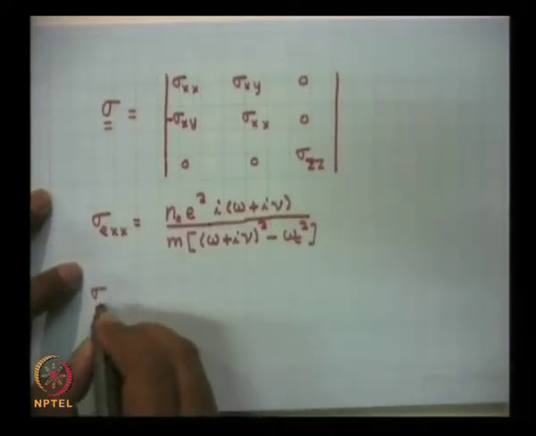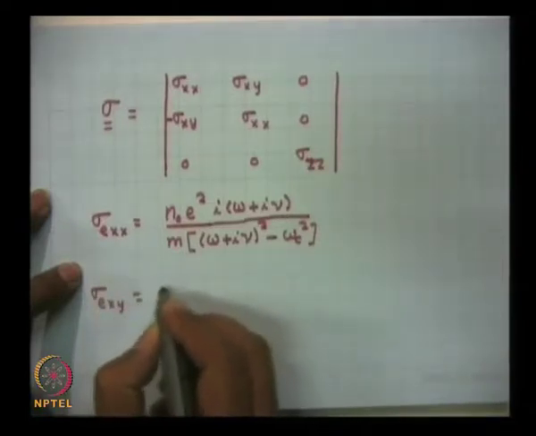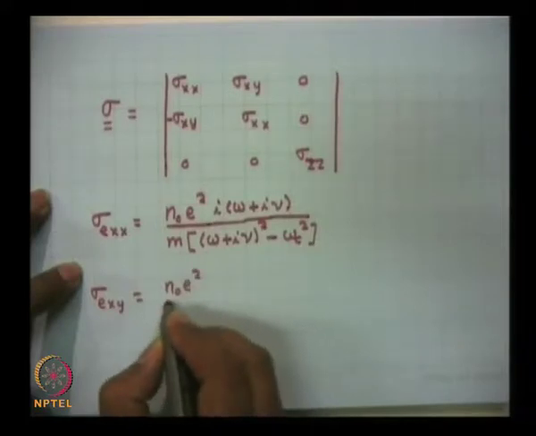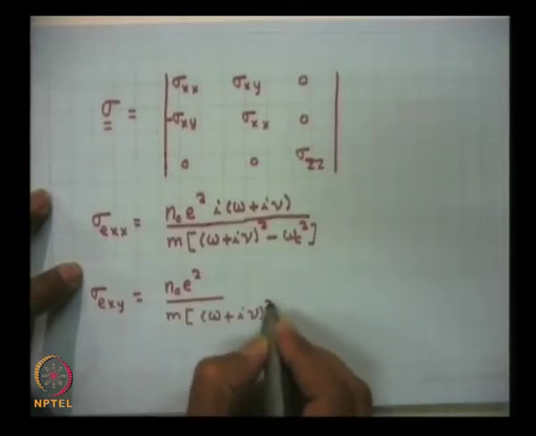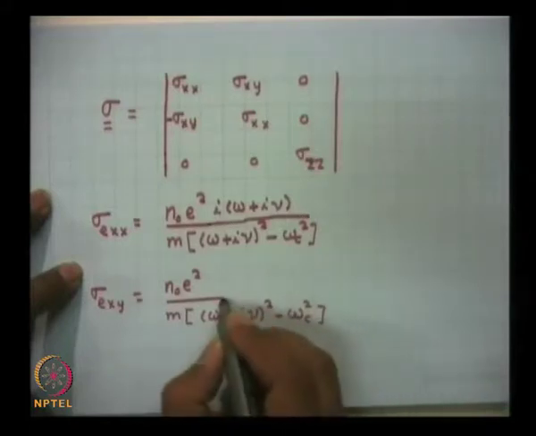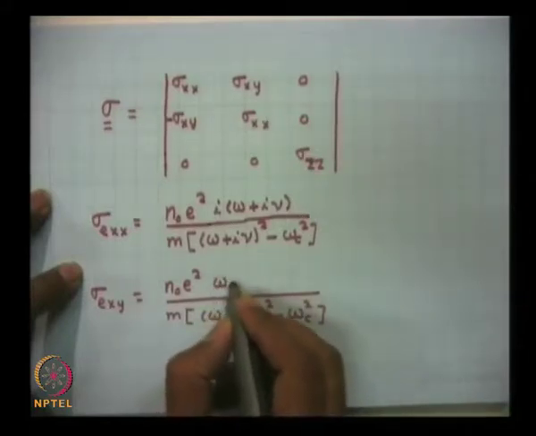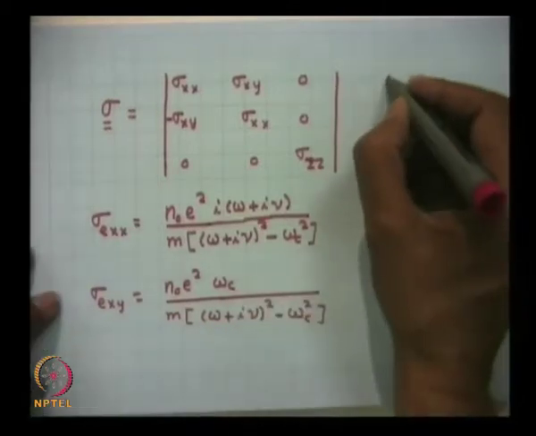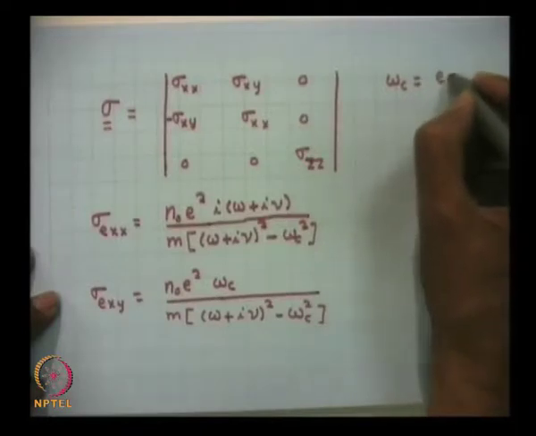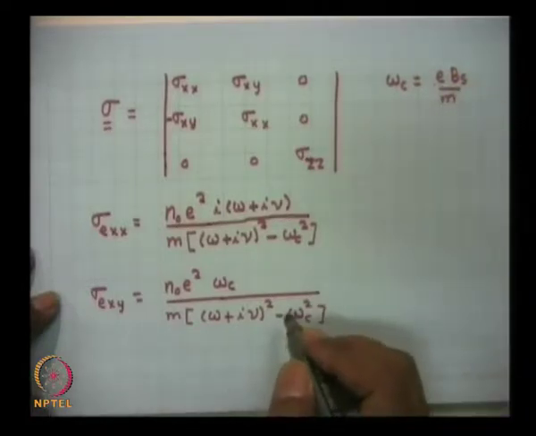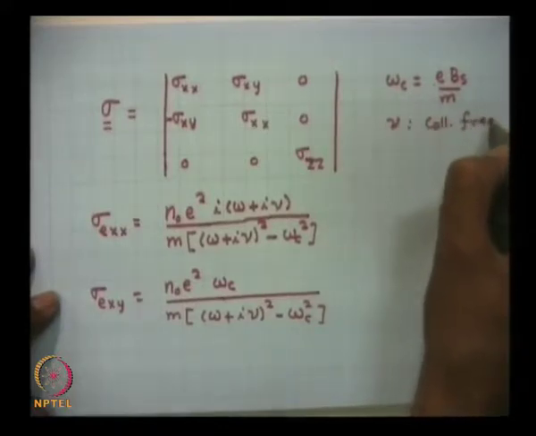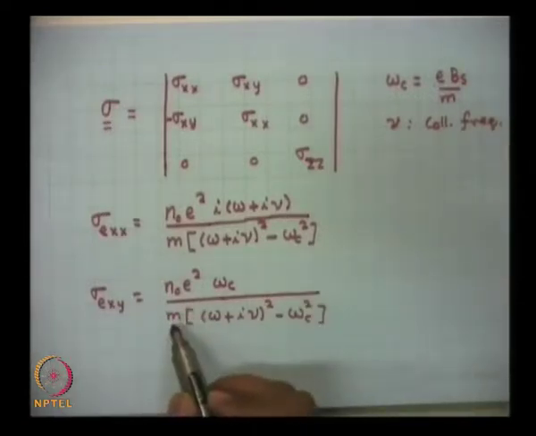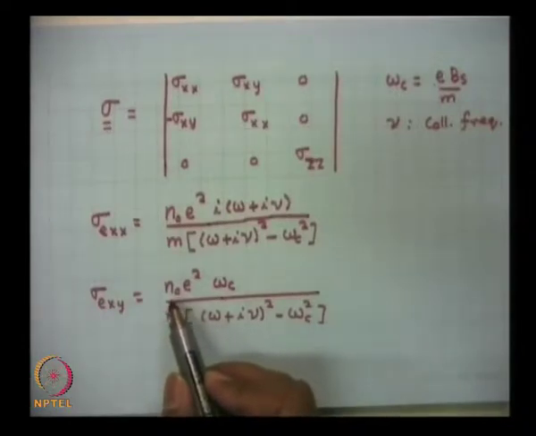And sigma xy is n0 e square upon m, over omega plus i nu square minus omega c square, with a factor of omega c, where omega c is the electron cyclotron frequency defined as the magnitude of electron charge times magnetic field upon the mass of the electron, and nu is the collision frequency of electrons. m is the electron mass, and n0 is the density of plasma electrons.